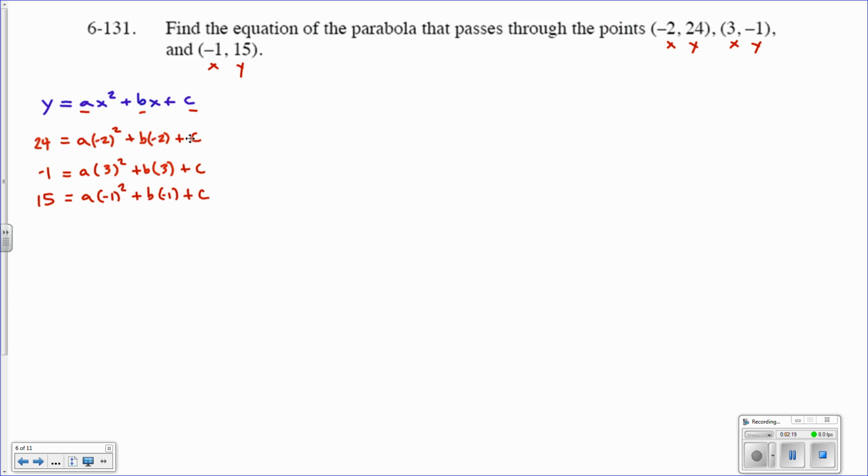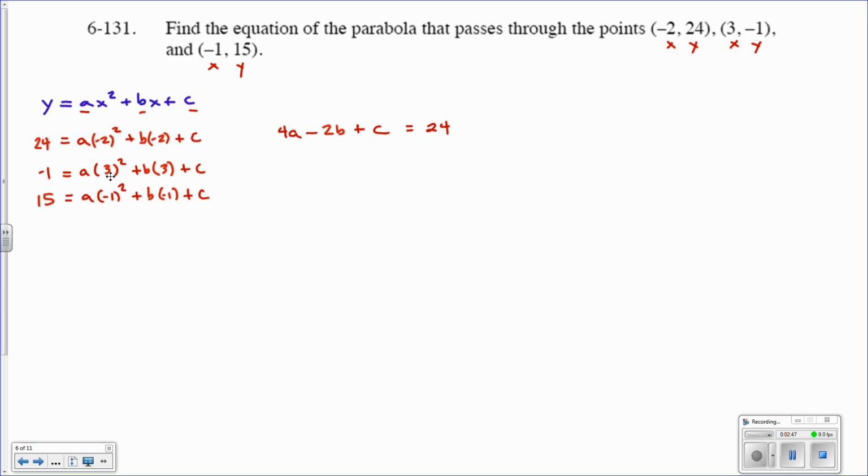And now that we've plugged in those points, we can simplify these. -2 squared is 4, so this is going to be 4a. b times -2 is -2b, so 4a minus 2b plus c equals 24. I'm just rewriting these over on the other side.